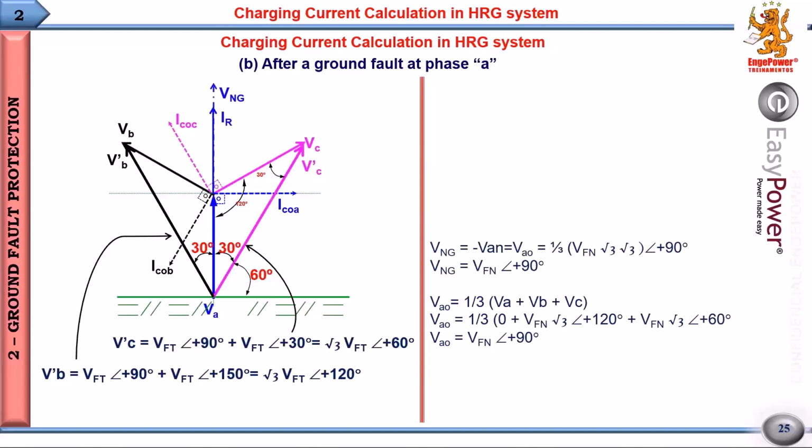The new voltage relative to the ground will be no longer VB, but V prime B. The neutral-to-ground voltage is minus VAN, which is equal to VA0, equal to 1/3 of the single line-to-ground voltage times square root of 3 times square root of 3.